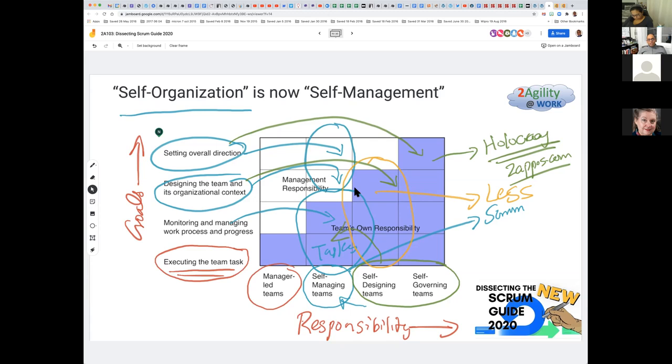And it used to be called self-organized up to the 2017 Scrum Guide. They've actually downgraded that word to self-management. But then again, we wanted to look at the context to discuss and understand these terms. And that's what we have been doing right now. So it will grow into self-management.